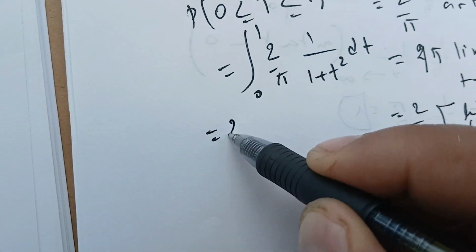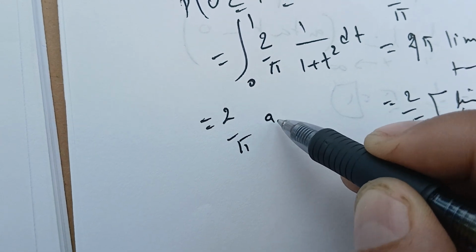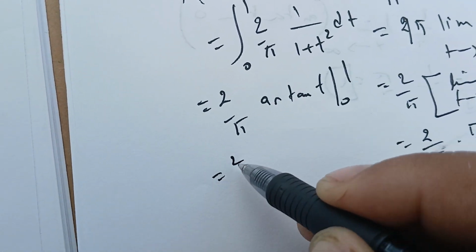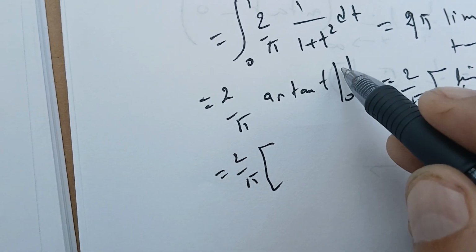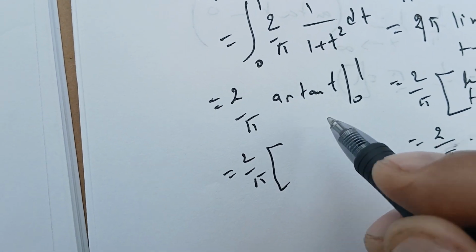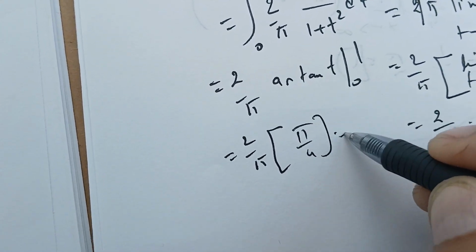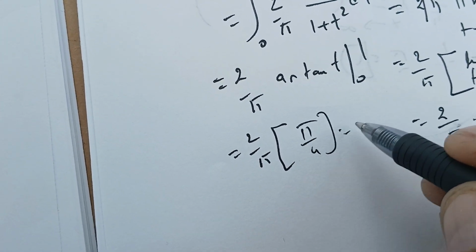Once I do that, I get 2 over pi arctangent of t between 0 and 1. So I have 2 over pi times the arctangent of 1, which is pi over 4, minus arctangent of 0, which is 0. So here I have 1/2.